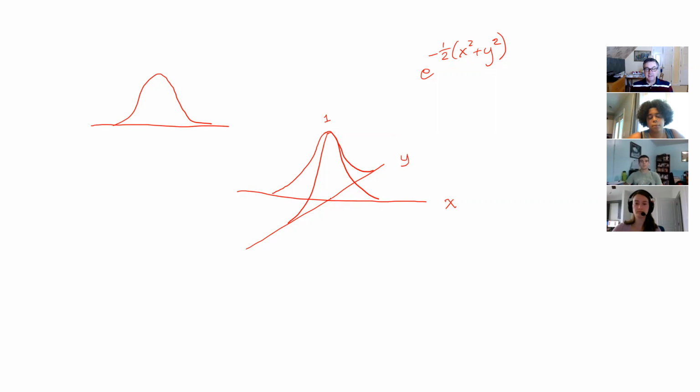In fact, because this is in terms of x squared plus y squared over sigma squared, pretty much any axis you chose through the origin, if you traced it along that axis, it would look like the same Gaussian function.